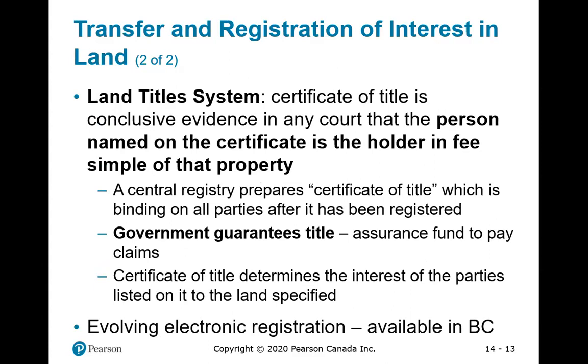Everything contained in this document, the certificate of title, is regarded as accurate and true. If it's ever wrong, if it ever causes damages or losses to someone, the government will compensate. There's a fund that is used to compensate whoever suffers losses based on this.